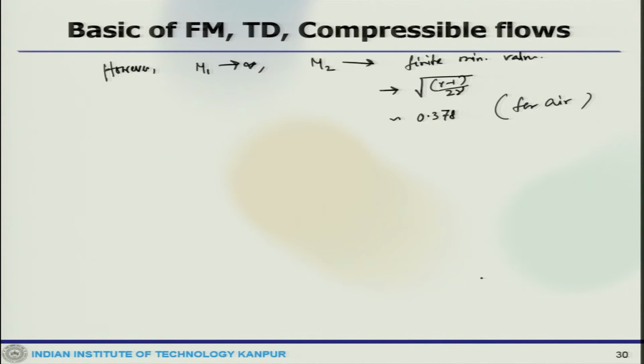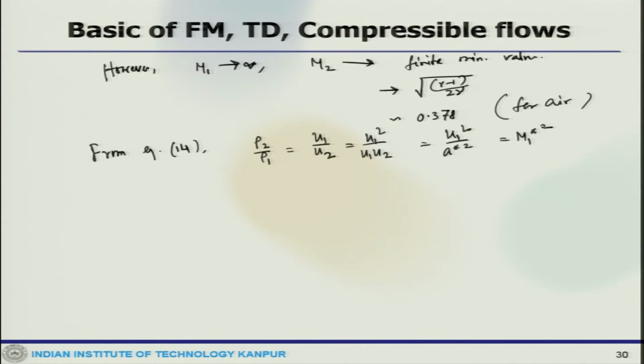Now, again from equation 14 we get rho2 by rho1 is u1 by u2, which is u1 square by u1 u2, which gives us u1 square by a star square, that would be M star square.